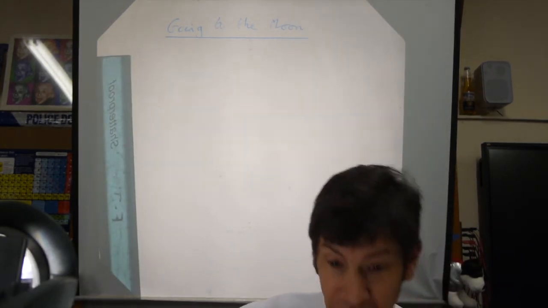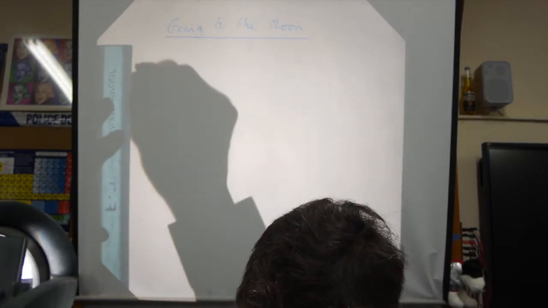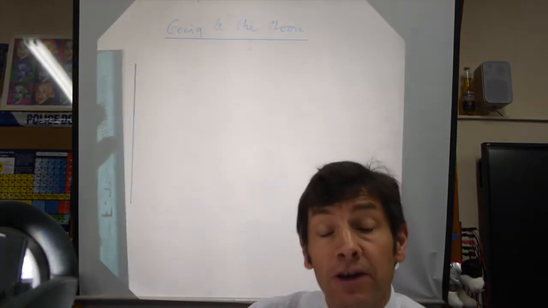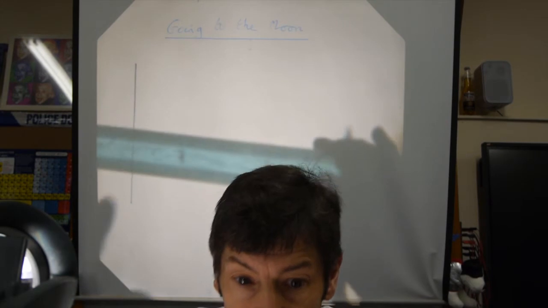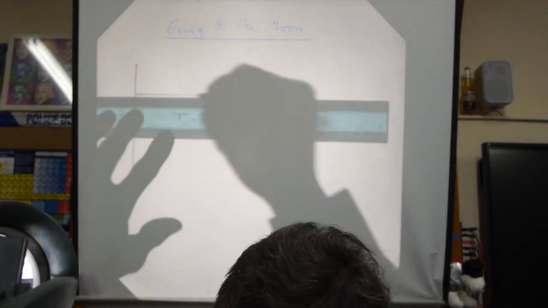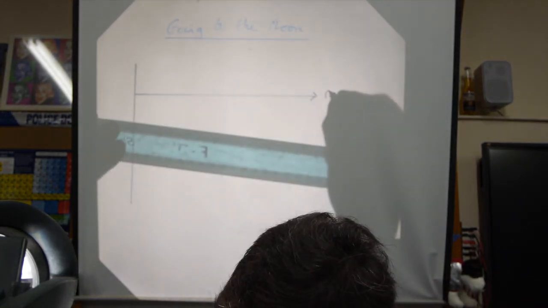Well, I have to think carefully about how to draw this one and get it right. So, the graph of how the gravitational field varies as we are astronauts and move away from the Earth looks something like this. So, I'll just get my axes in place. And this one, as ever, is going to be r.